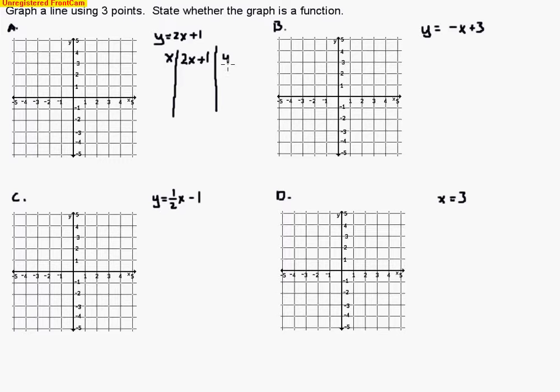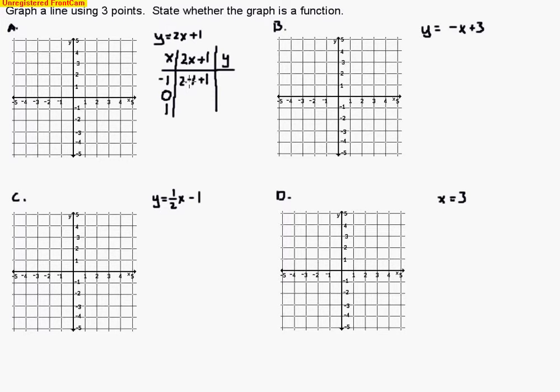And then I'm going to come up with my outputs, which are my y values. So these are like my inputs, and I'll pick a negative number, like -1, and 0 is always a great number because it cancels out the x term, and then +1. Those are nice, easy numbers to deal with. And so I just go ahead and plug in the -1 for x, and then do the work. 2 times -1 plus 1.